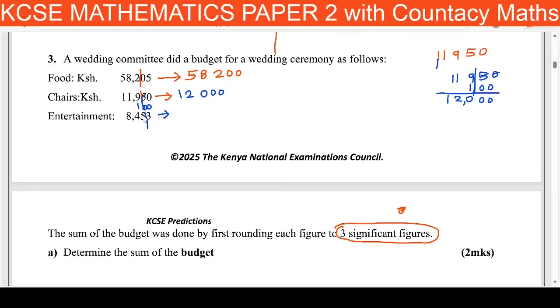For it to be significant, the digit that comes after this line should be 5 or more. And since this one is not 5 or more, we are simply going to convert this one to a 0, such that we are going to have 8,450 like that.